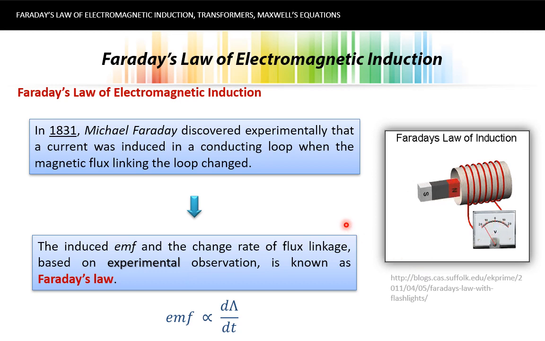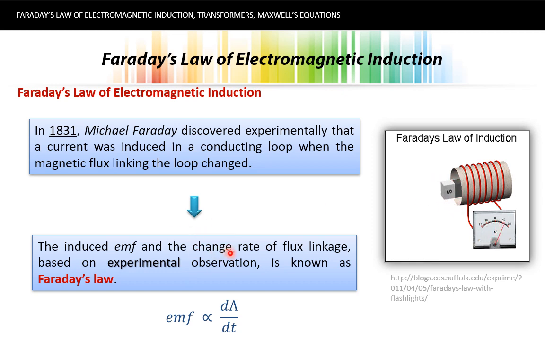In 1831, Michael Faraday discovered experimentally that a current was induced in a conducting loop when the magnetic flux linking the loop is changed. Here in the figure you can see a visualization of this experiment.